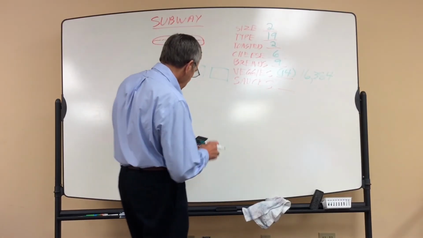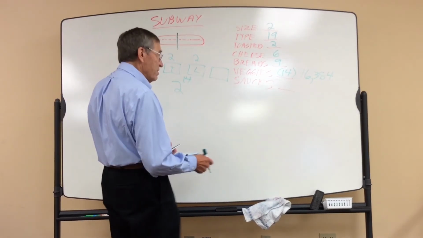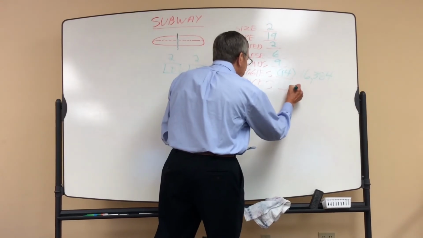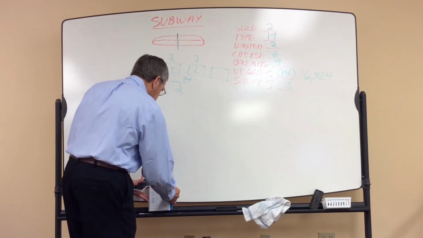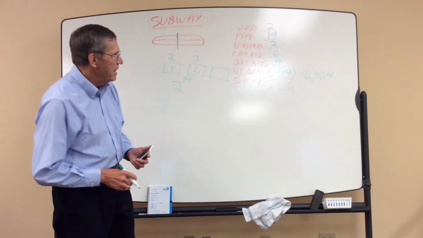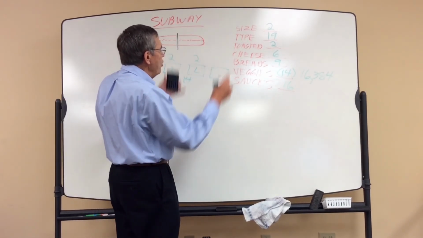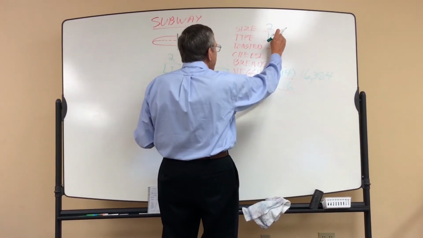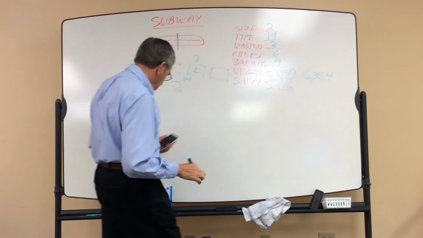Okay? Now that brings us to sauces, and there are 16 different sauces that they have developed. Again, not every store has every one of them, but those are available. Now, let's think what we have. To find out the total number, we have to multiply each of these numbers and get a total, okay?